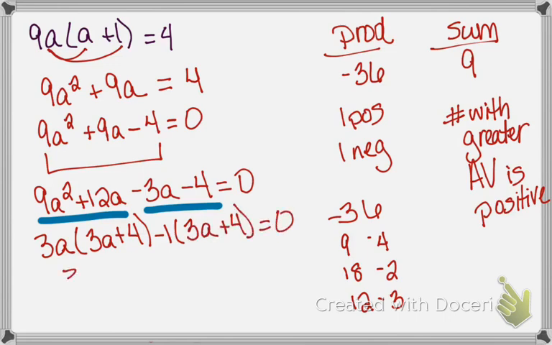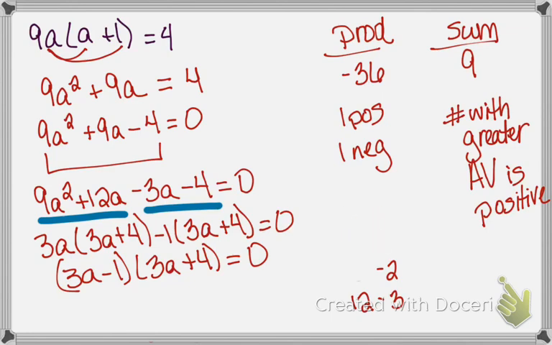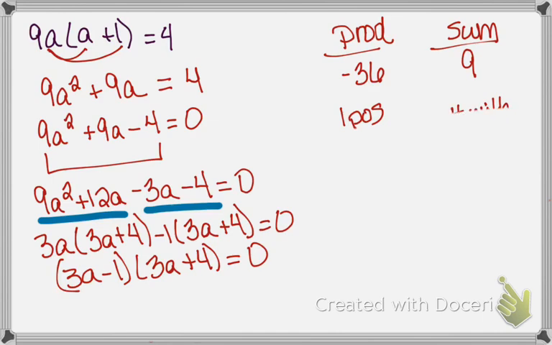So then I have 3a minus 1 times 3a plus 4. I'm going to erase some of this over here because I've got to set both of these equal to 0.